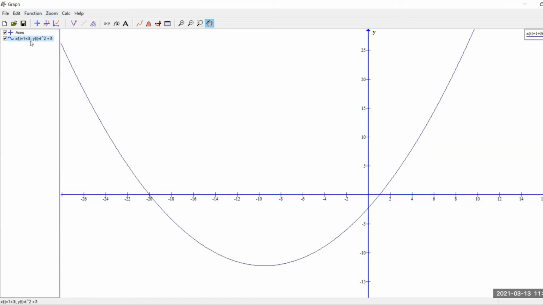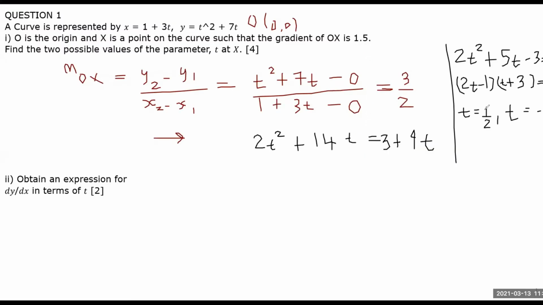So remember, x is 1 plus 3t. If we put t as a half, we can find the corresponding coordinates that X can be. What would be the corresponding x-coordinate? All we have to do now is put a half into this, and so we have 1 plus 3 times a half, which is 2.5.